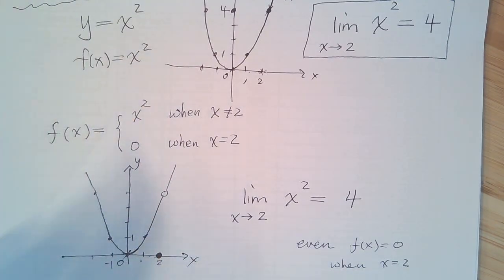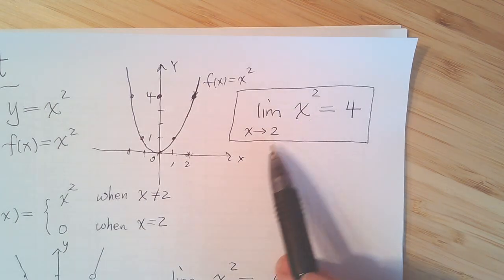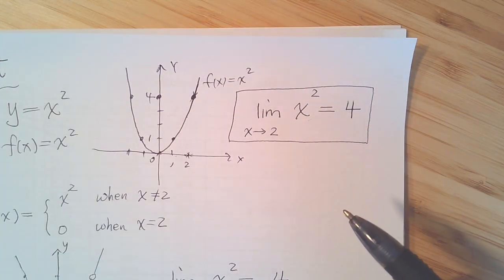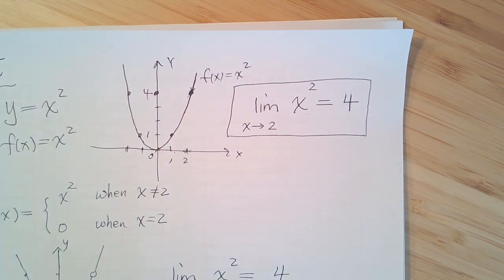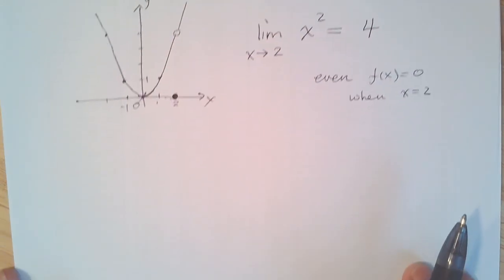Now, with this approach I graphed the function, so it's called finding the limit graphically, because we use the graph. You can also do it algebraically, which means you just plug in x equals 2 here, so you get 2 squared, which is 4. There's another method called the numerical method.